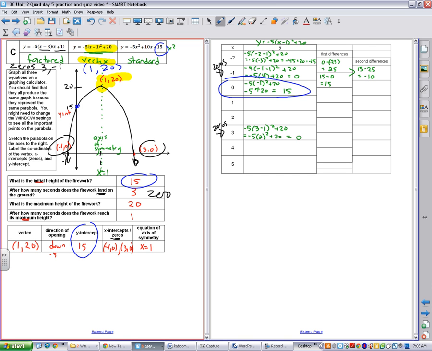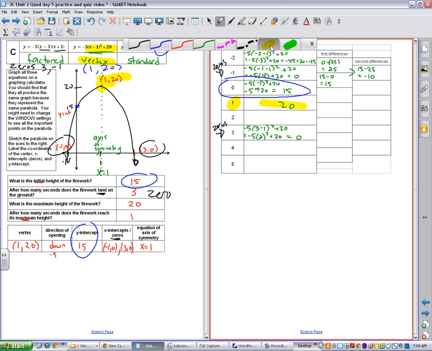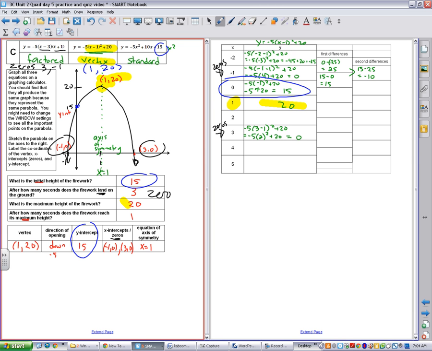That also means if I look at the table for the value 1, that I should have the output here to be 20. Finally, the maximum height turns out to be 20, and that's happening at a time of 1 second. So those two pieces are part of my vertex. So I've moved between all the pieces of information matching, and that's what you need to be able to do.